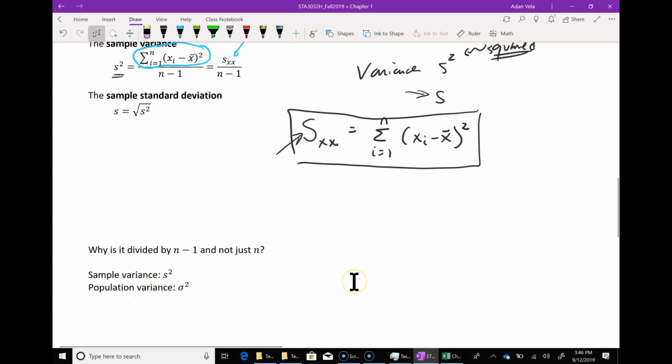So our sample variance is S squared. That's how we denote it with S. In the same way that we call our sample mean and our population mean different things, we're going to call our population variance sigma squared. All right, so again, we need to recall why we differentiate between the two.